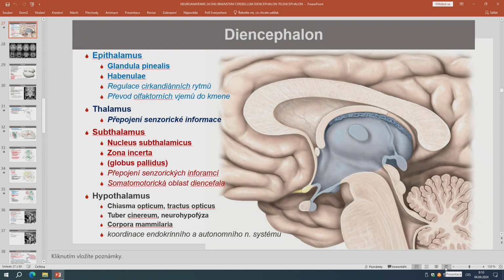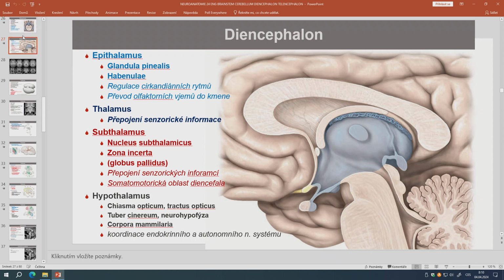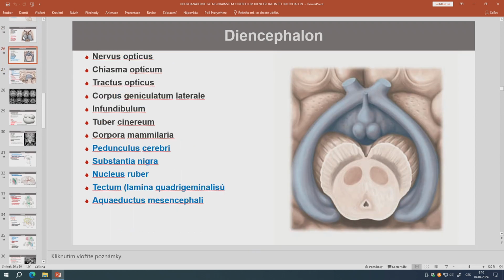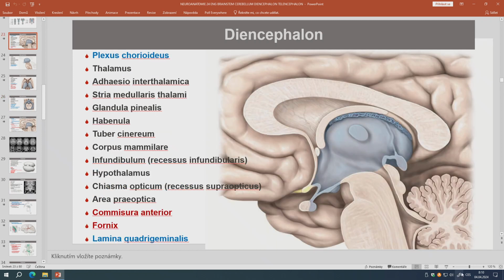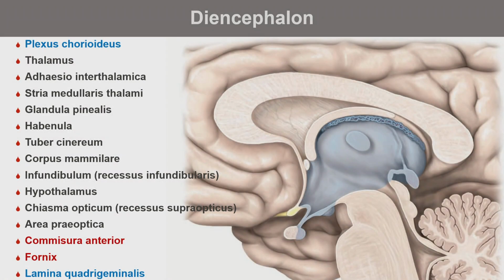So this is a supraoptic and infundibular recessus. So these are structures which we can see here in the diencephalon on this schema.